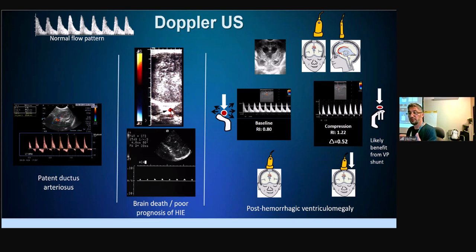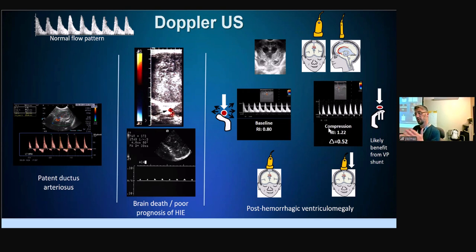You do a Doppler, you see flow in the carotid arteries, but there is no flow in the brain. This is the same idea as CT. And if you get any flow, it will be very dampened flow, the peak systolic velocities are low. Compared to the normal pattern, you see this monophasic flow, and this is usually brain death, or very poor prognosis.